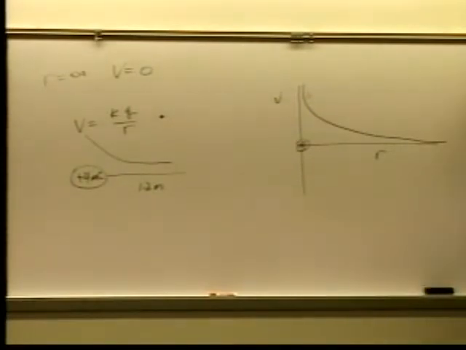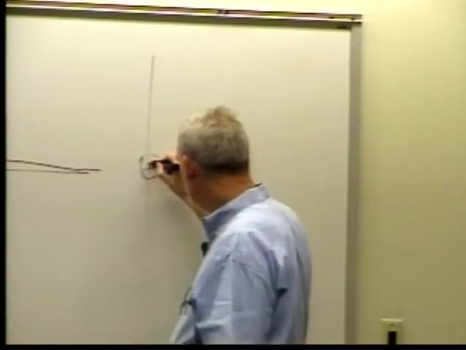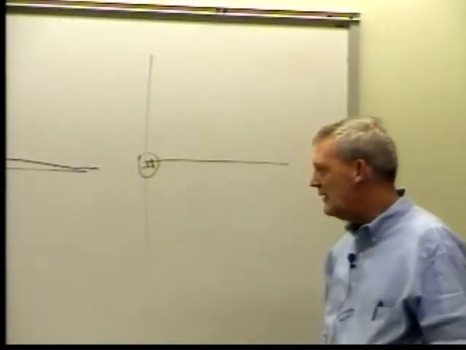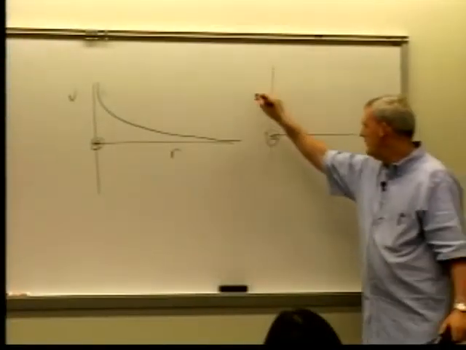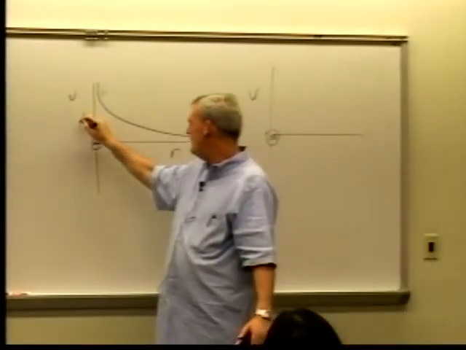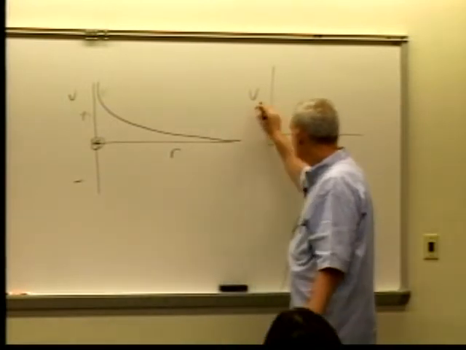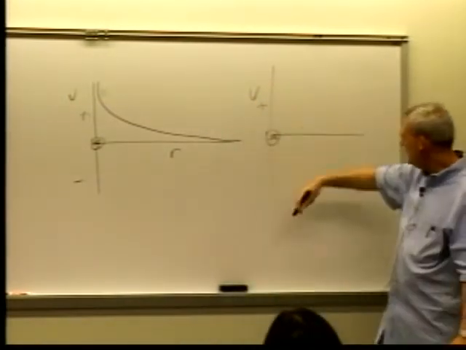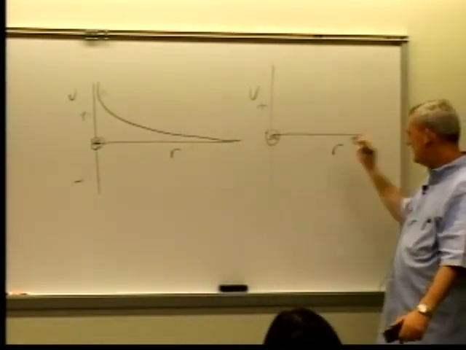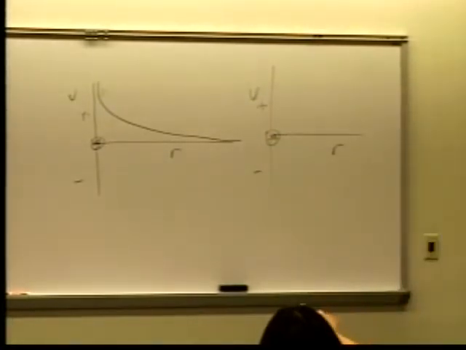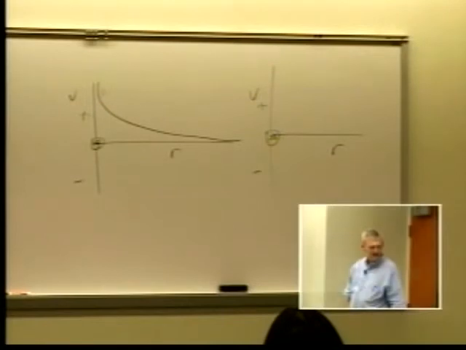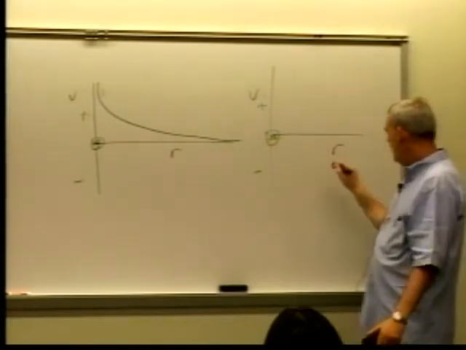All right, now, let's take a look at this. What do you think this curve would look like? I'm going to put a negative 4 microcoulombs here. What does this one look like? Remember, V is my y-axis and R is my x-axis. It's going to be in the 4th quadrant.